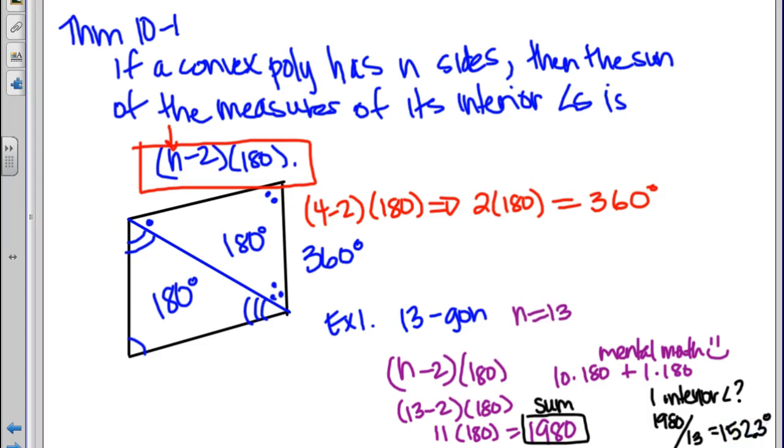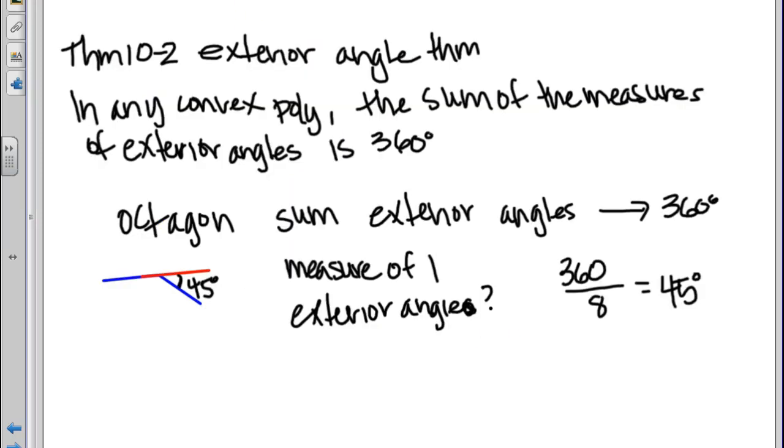So we know how to find the sum of the interior angles. We know how to find the measure of one interior angle in a regular convex polygon, where all the angles are the same measure. We know how to find the sum of exterior angles, 360 degrees. We don't have to do any work. And if it's a regular octagon, then I know how to find a single exterior angle.